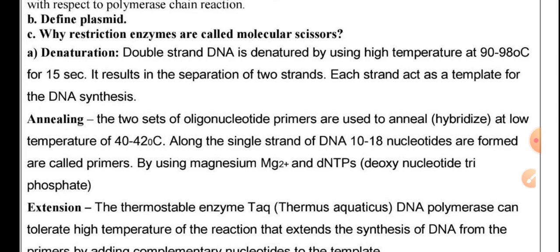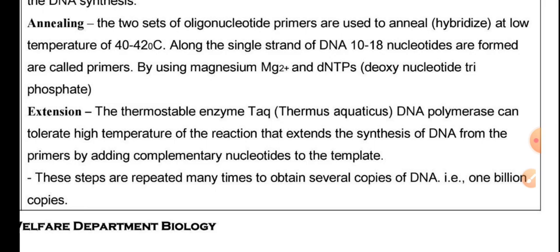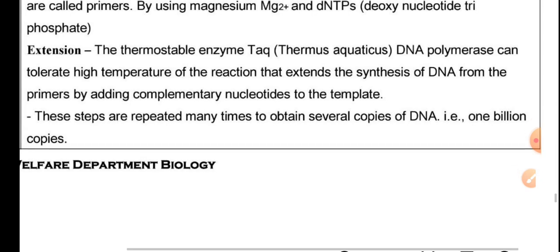By using magnesium Mg2+ and dNTPs, deoxynucleotide triphosphates. The next step is extension. The thermostable enzyme Taq, or Thermus aquaticus, DNA polymerase can tolerate the high temperature of the reaction and extends the synthesis of DNA from primers by adding complementary nucleotides to the template.